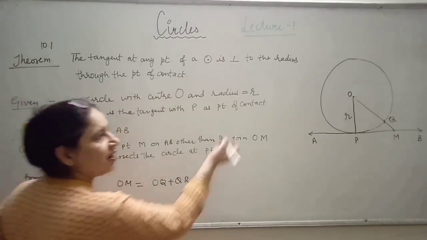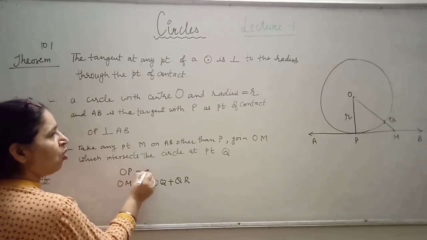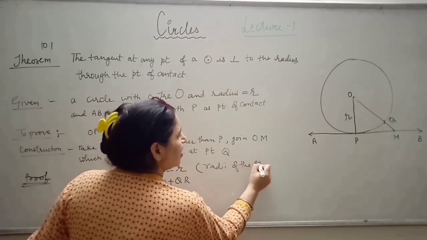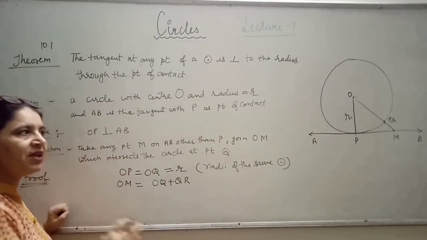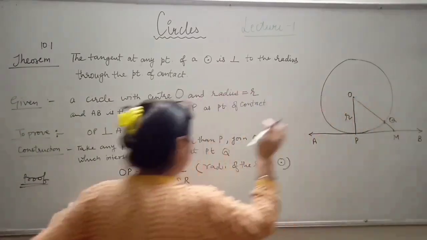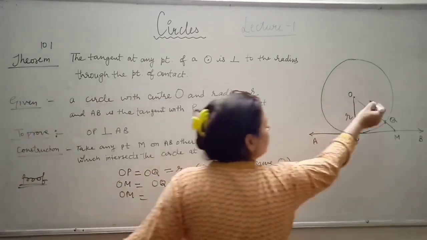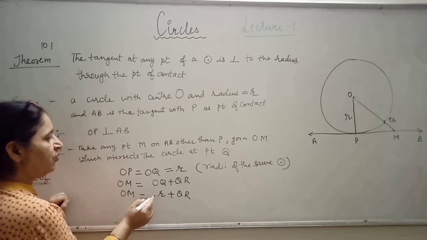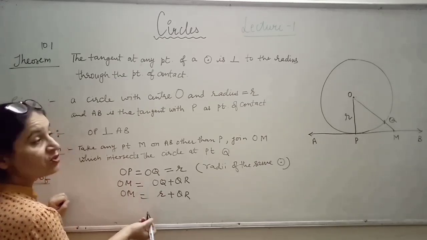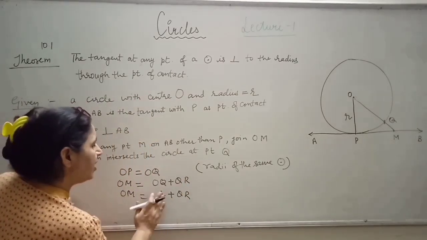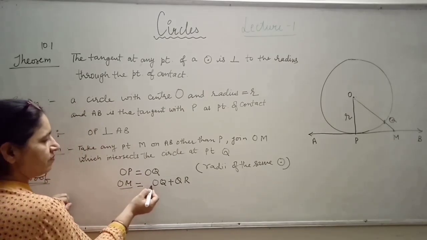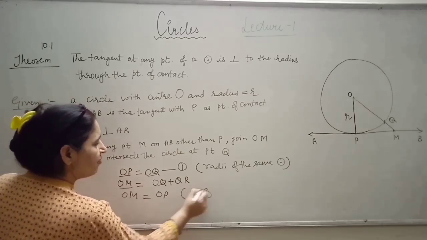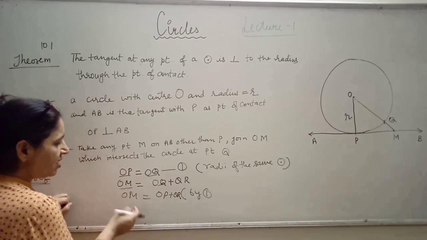And what is OQ? OQ is again a radius, because OP and OQ both are equal to the radius, because we know that radii of the same circle are always equal. एक ही सर्कल के सभी रेडियस इक्वल होते हैं, इसलिए OP और OQ इक्वल हैं। So OQ can be replaced by OP, OM is OP plus QM.